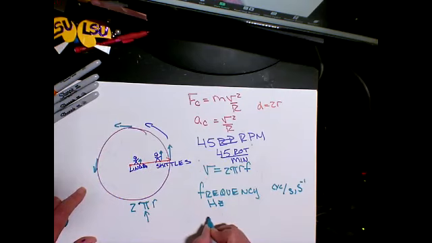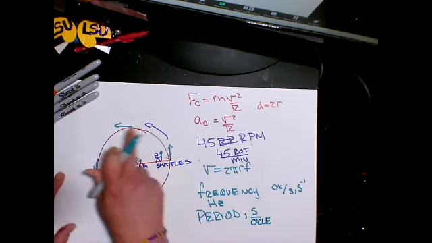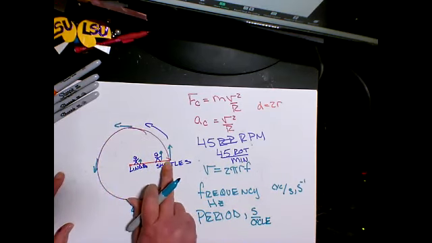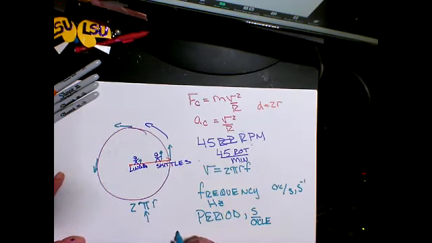The other way is in terms of period. Period has units in terms of seconds, so seconds per cycle, if you will. How long does it take to complete one cycle? This one is 45 rotations per minute.